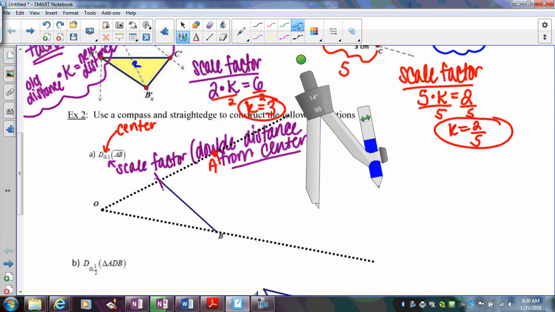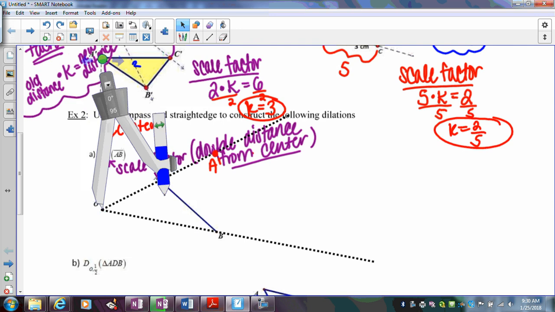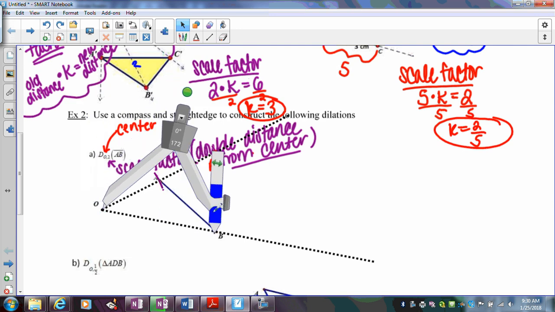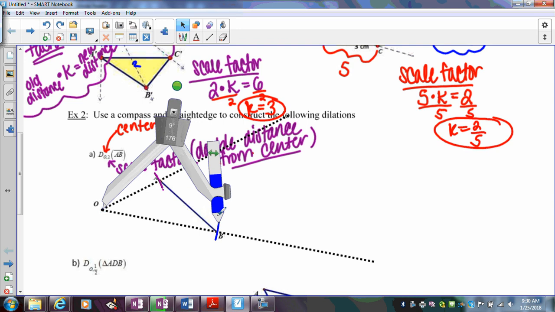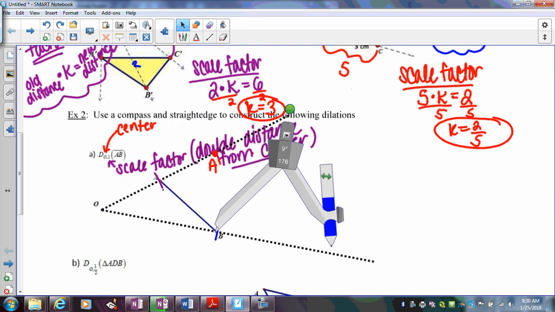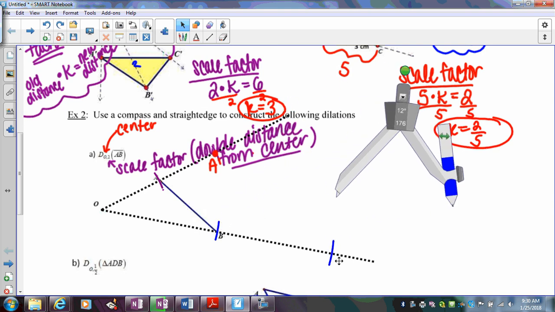Take your compass, place it on O, measure to point B, and there's the original distance. We'll multiply that by 2, so you need one more of those so that the total distance from O to B prime is twice that of OB.